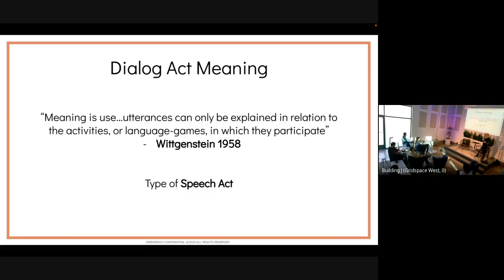One was positivist logicalism, that the meaning of a sentence is just the absolute truth of that sentence. Another was that it's the action that results from the sentence. So if I say go over there and the person either moves or doesn't move, it's the actual action that constitutes the meaning of the sentence. Wittgenstein proposed that it's the function of an utterance in the sentence that gives it its meaning.